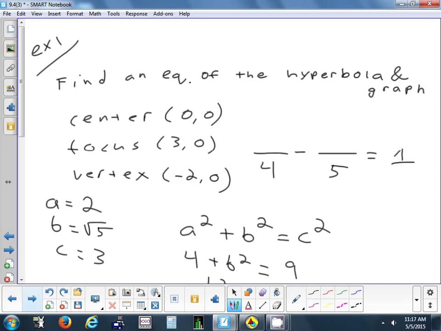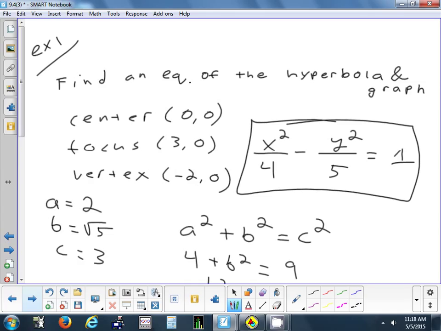If you want your transverse axis to be horizontal, put that letter first. Okay, so in this case, x comes first. Okay, whichever letter comes first, whichever letter is the positive, that makes the transverse axis go in that direction. X-axis, horizontal. Okay, and then y squared comes next.